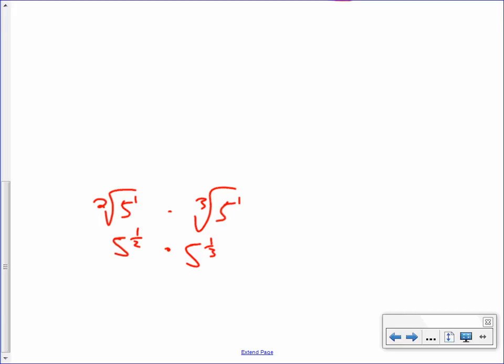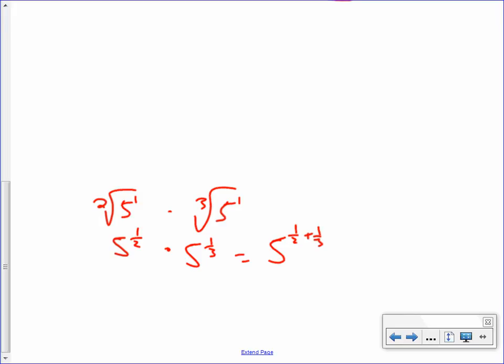Not quite the 6th root, because what do you do with exponents when you multiply? Add them. So this will be 5 to the 1/2 plus 1/3. No, that's not how you add fractions. You need a common denominator.